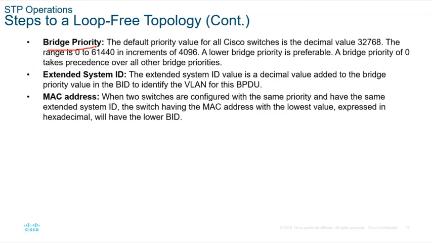As you can see, the bridge priority is here. The default is this. Then it ranges from 0 up to 61,440, in increments.